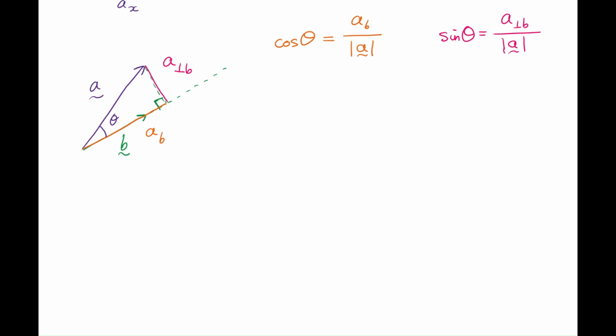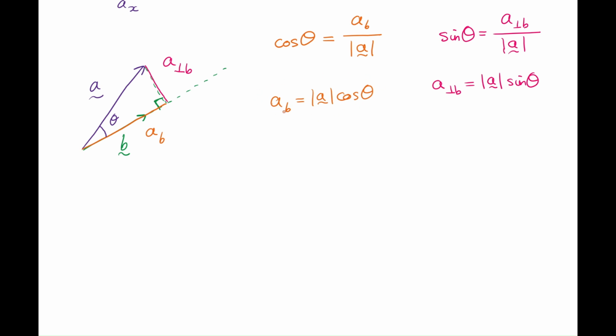Okay, let's rearrange both of these slightly, so I have the components that I'm looking for as the subject of each of these expressions. And for the component of A in the direction of B, that's going to be the magnitude of A cos theta.